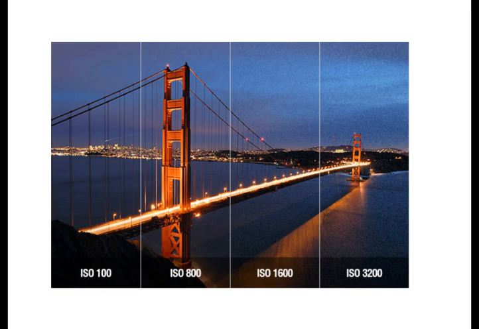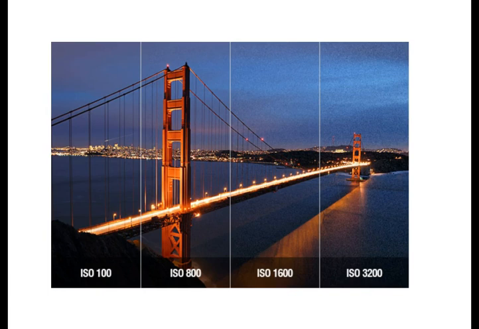And you can see in this photograph of the Golden Gate Bridge that on the far right hand side, the ISO is set to 3200. So that's really fast. And when we say fast, that means it's more sensitive to light, so exposures happen faster. So it's a fast ISO. But look at the overall image quality. You see the pixels, you see that noise, you see square. So it becomes part of the image.